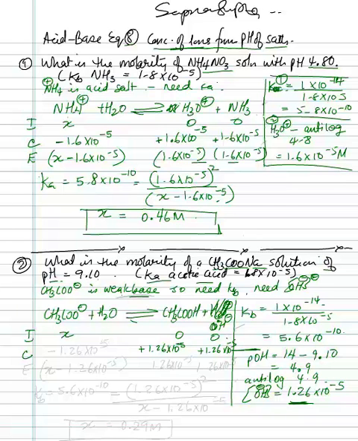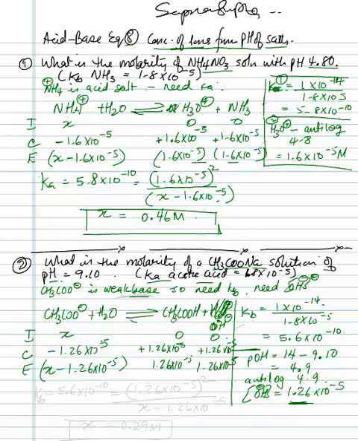For the acetate, that's going to decrease, so minus 1.26 times 10 to the negative 5. At equilibrium you have X minus 1.26 times 10 to the negative 5, then 1.26 times 10 to the negative 5 and 1.26 times 10 to the negative 5.